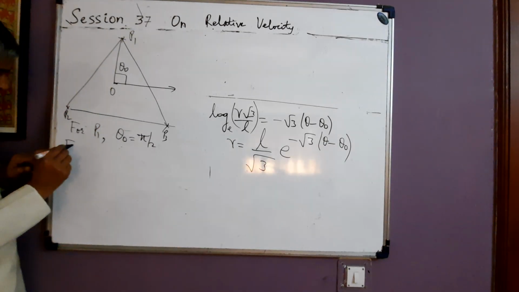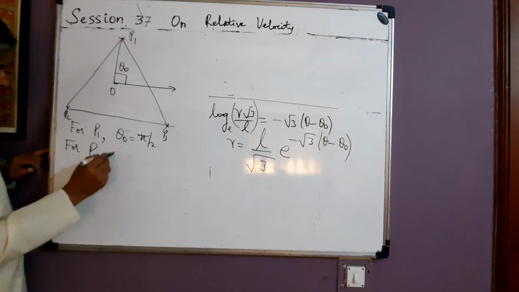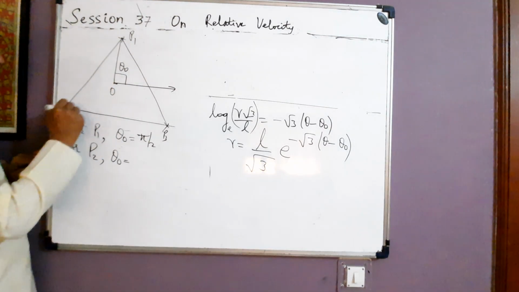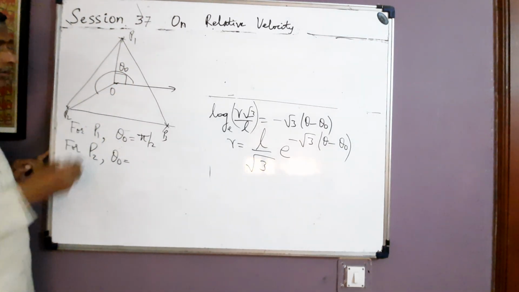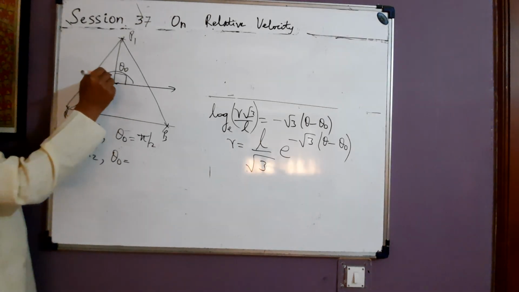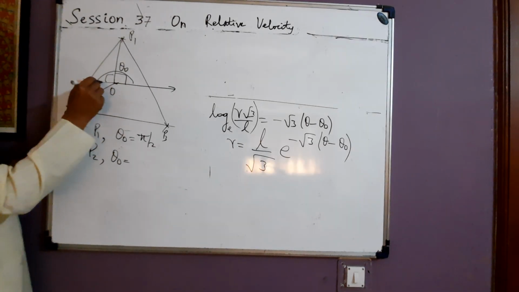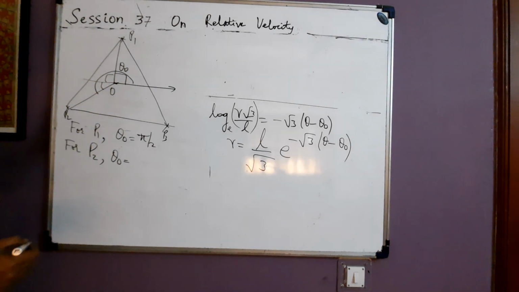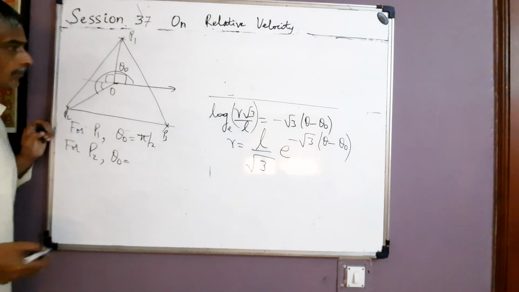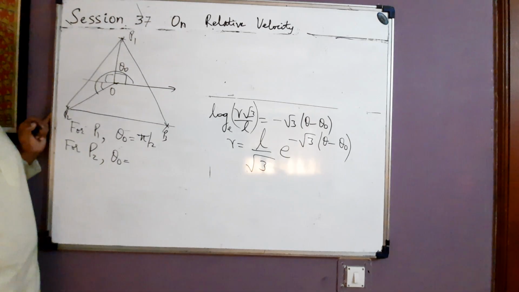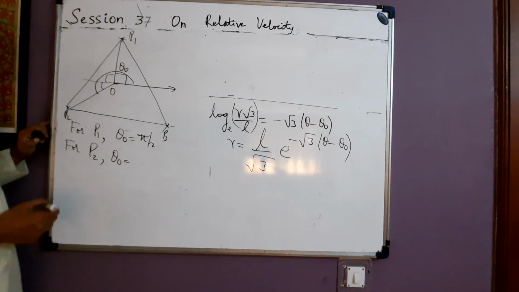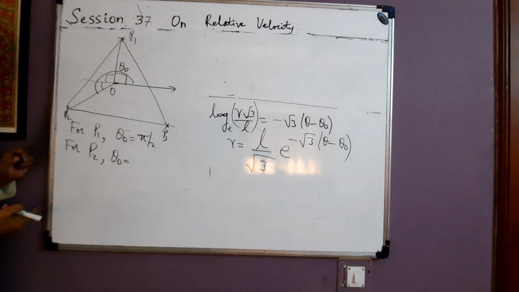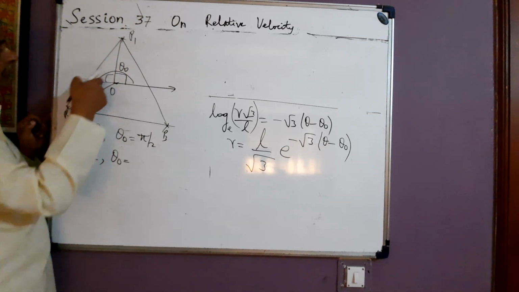What about P2? Theta naught will be this angle. This angle will be theta naught for P2. Now this is 90 degree, and this is 30 degree. So 90 plus 30, that is 120 degree.